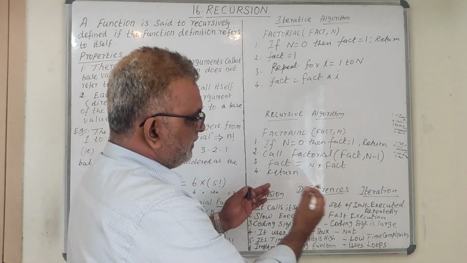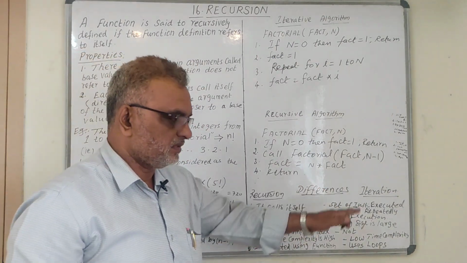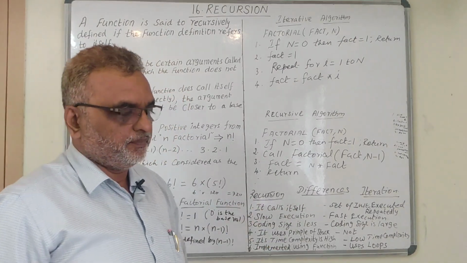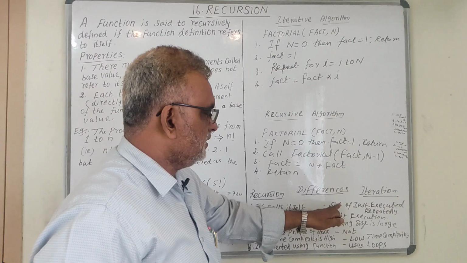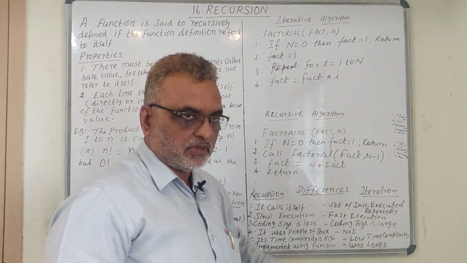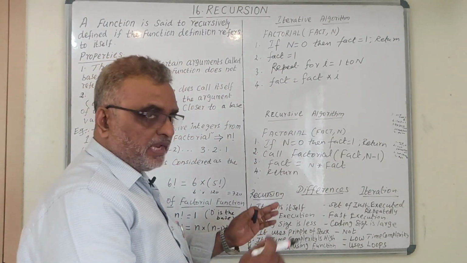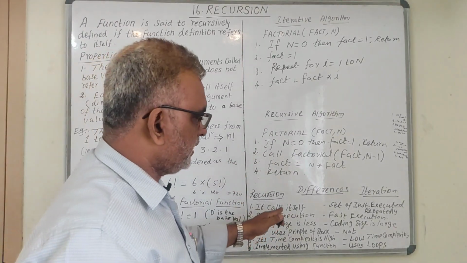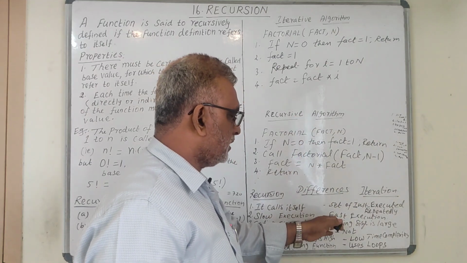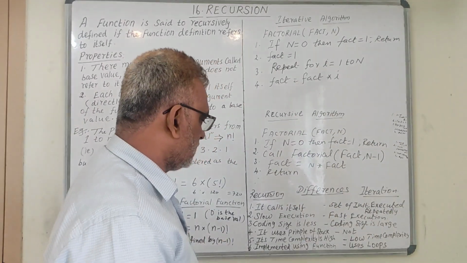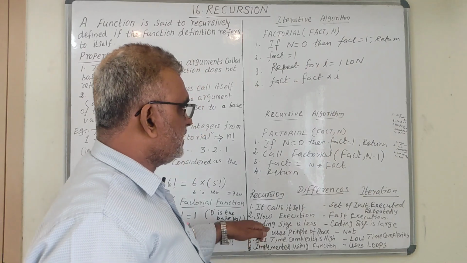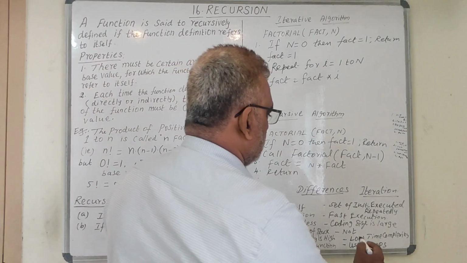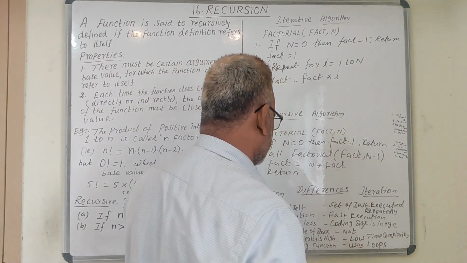What are the major differences between recursion and iteration? Recursion calls itself, whereas iteration contains a set of instructions executed repeatedly. Comparatively, recursion is slow, whereas the iterative algorithm is faster. As far as coding is concerned, the coding size is less in recursion, whereas in iteration the coding size is large.